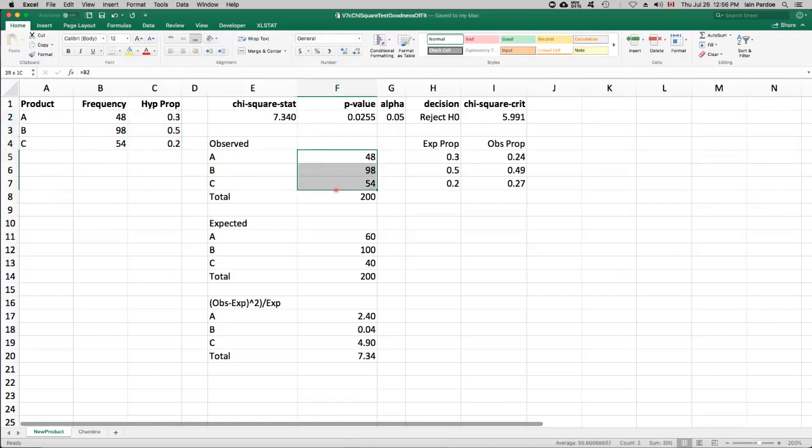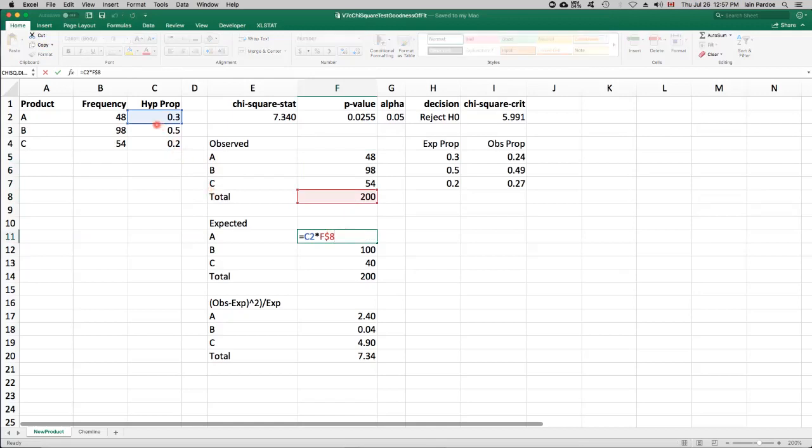So the observed frequencies we can present in a table, and then the expected frequencies are going to be calculated using the hypothesized proportions multiplied by the sample size. So that's what these numbers are here.